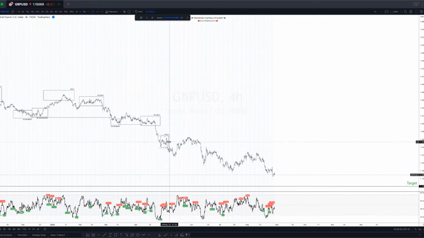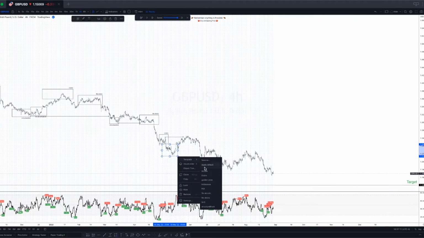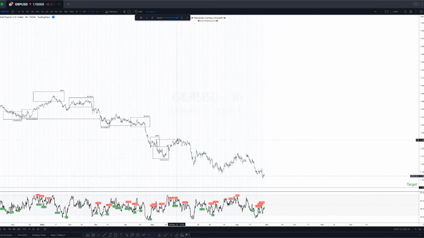That's a distro here. Price came back up into the point of interest, actually grabbed some liquidity right up here. So this was an accumulation, caused a new high on a lower time frame.